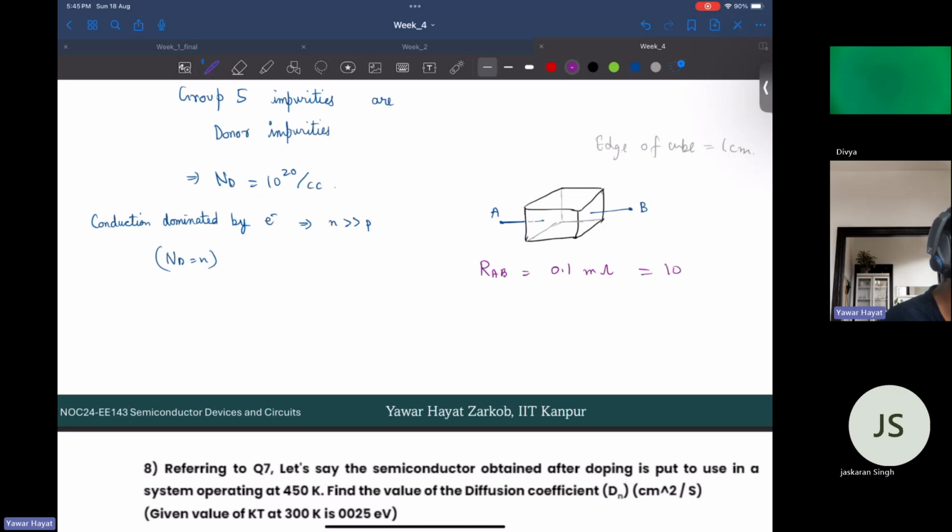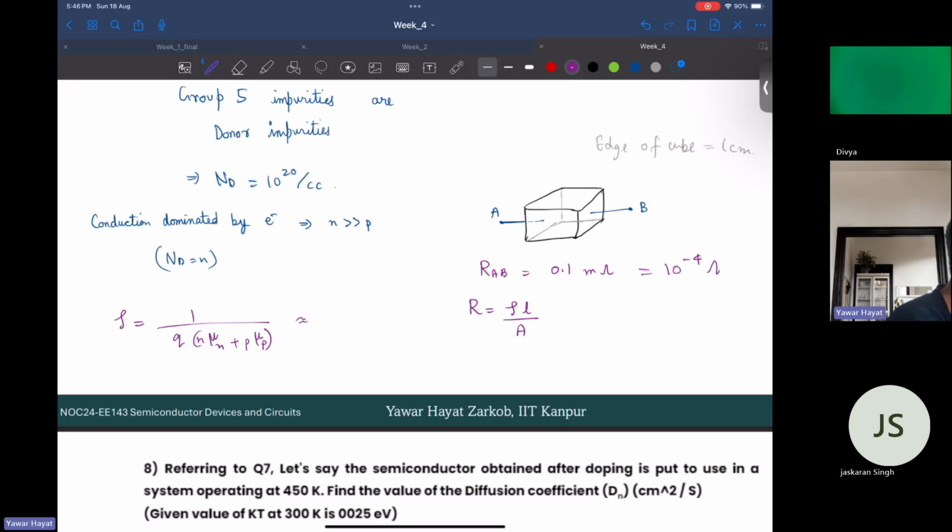So this is 10 to the power minus 4 ohm, right? And R is rho L by A, and your rho is 1 by q(n mu n plus p mu p).